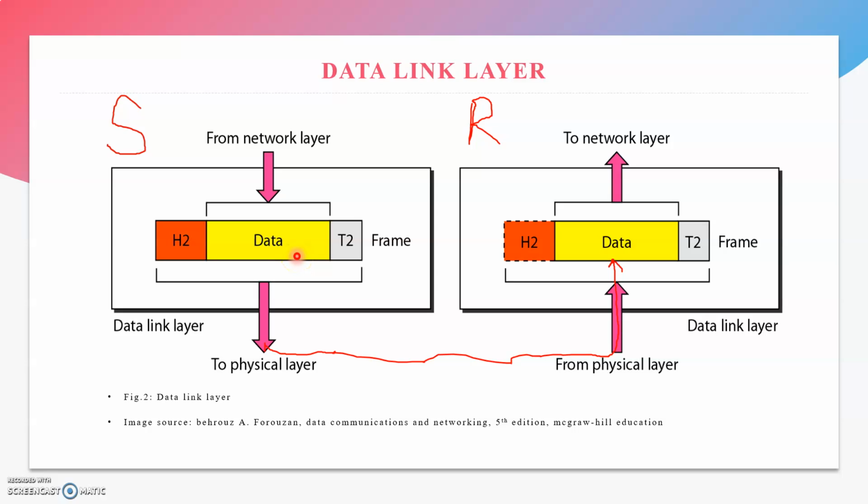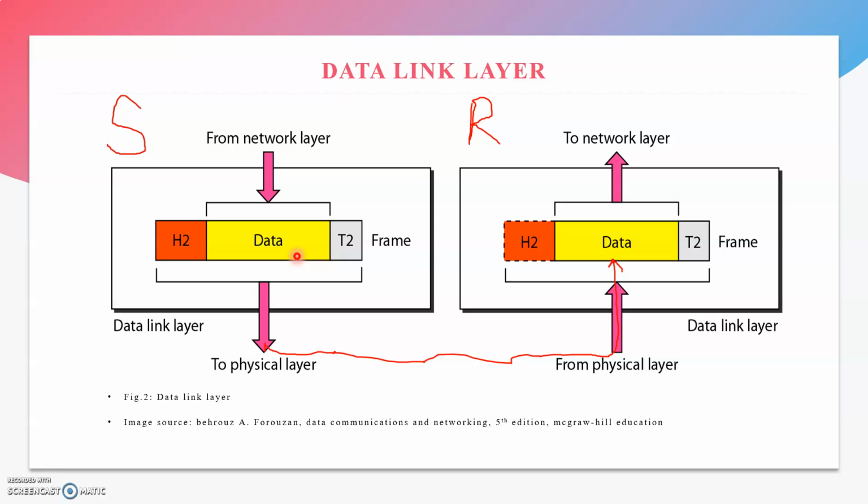A frame consists of the header, the trailer, and the data, whatever data is transmitted through this communication channel or whatever communication medium we are using. So the data link layer is responsible for carrying a frame from one computer to another computer, and it makes sure that the frame arrives safe and sound.